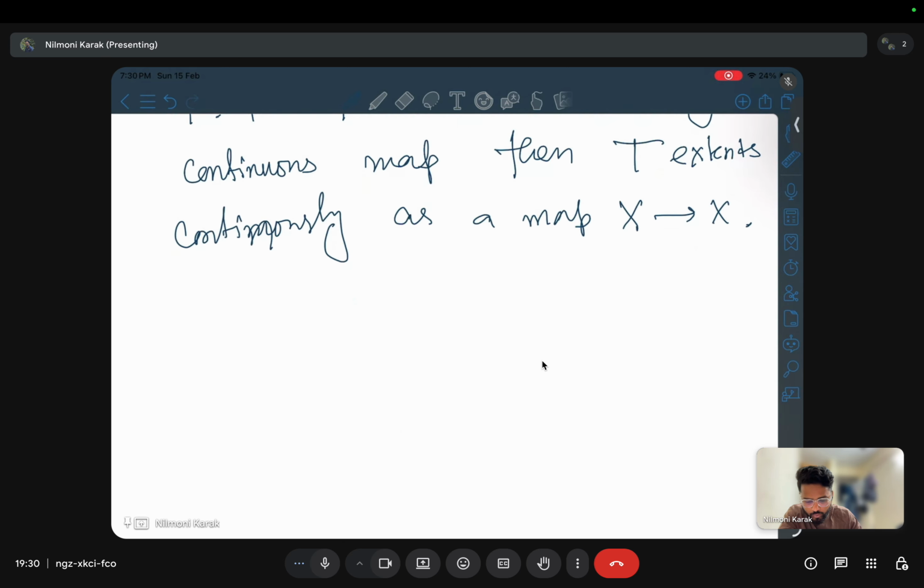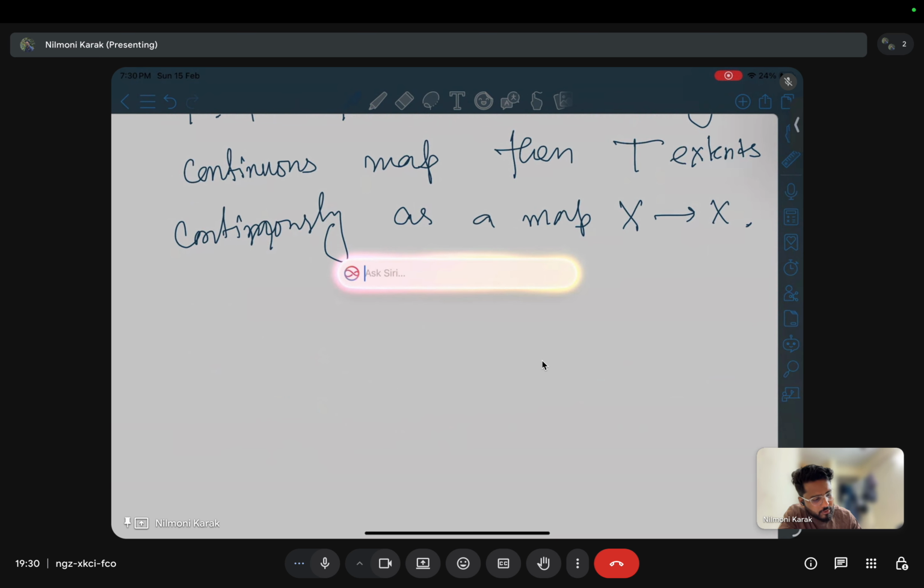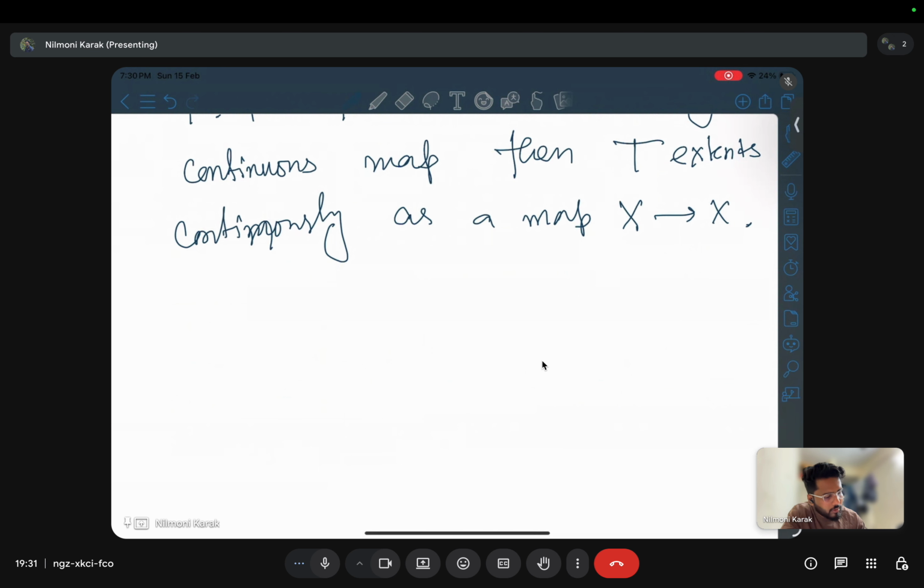And then the convolution of two functions. What is the definition of convolution?